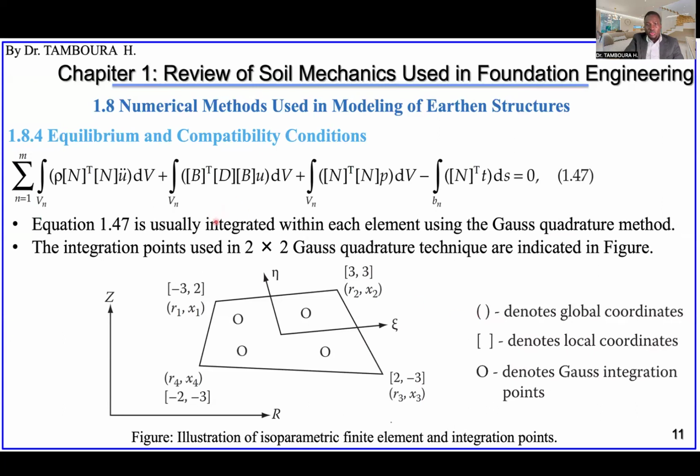Okay, so this integration point 1, 2, 3, 4, these coordinates are the global coordinates and these ones are the local coordinates. Okay, and the number of Gauss integration points is 4, because we have 2 by 2.